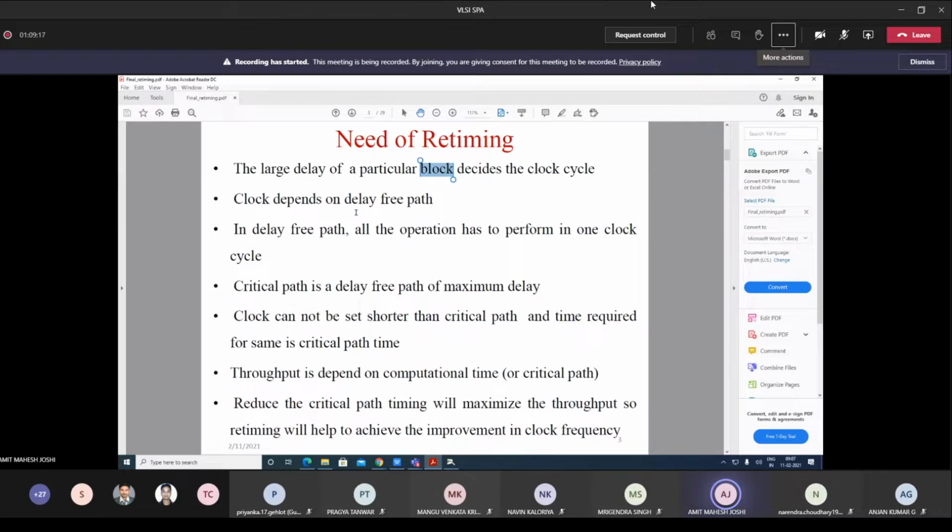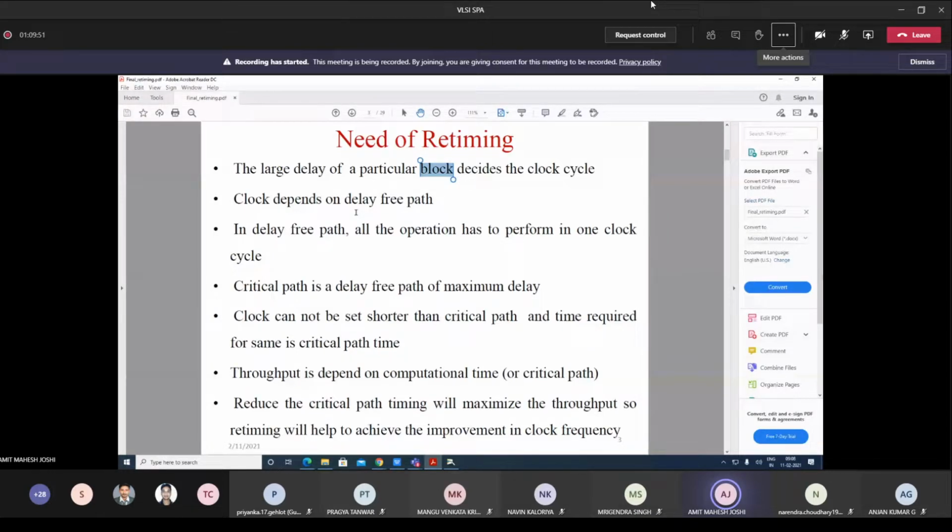For node 2 and node 3, that 4 plus 3, I need to complete in one clock cycle, and that's why the clock period we have set is 7. The critical path is the delay-free path of maximum delay. Clock cannot be set shorter than the critical path, and the time required for it is the critical path time or critical path delay. So my clock period is always equal to the critical path; it cannot be lesser than that.